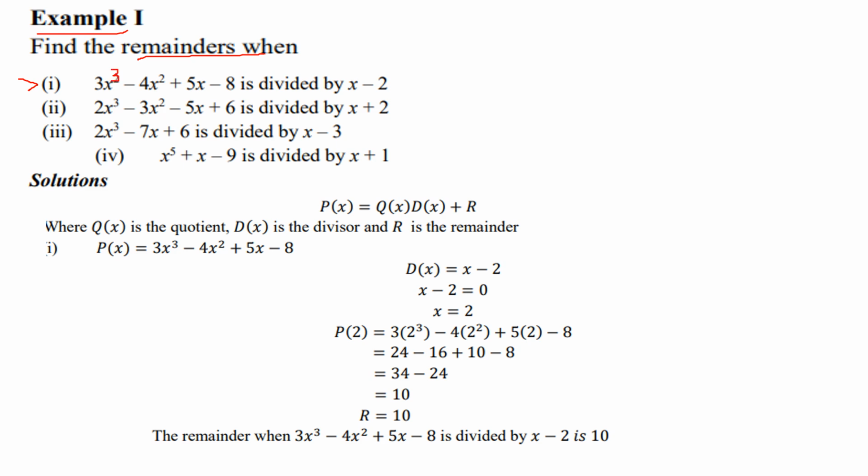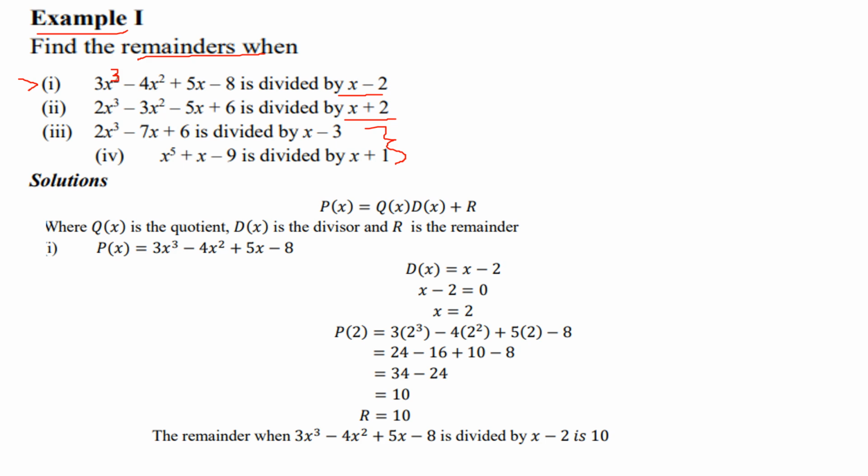And in Roman number 2, 2x cubed minus 3x squared minus 5x plus 6 is being divided by x plus 2. The same thing applies to Roman number 3 and Roman number 4.